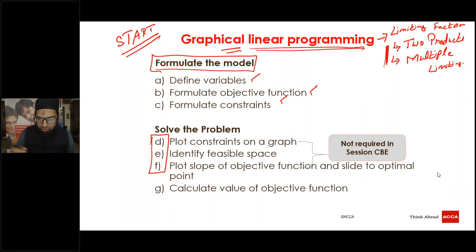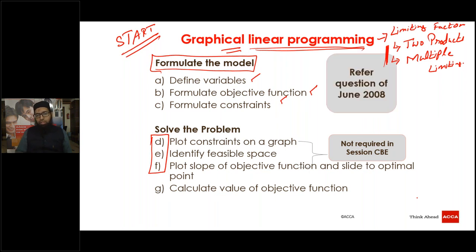And this is a topic which I think is suitable for section C. It can come up in section B as well as in section C. So let's discuss step by step. For this, there is one question which is my favorite question that appeared in June 2008.